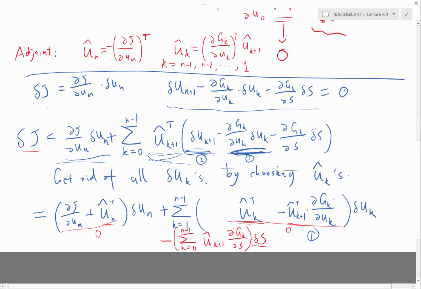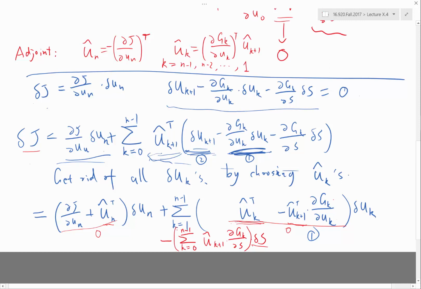Couldn't any combination of those components be 0? By components, you mean different k's or different what? So within the summation. Yeah, you said that you had û_{k+1} transpose dg_k/du_k is 0. It's 0, yes. I want to make sure that all the delta u_k's disappear.